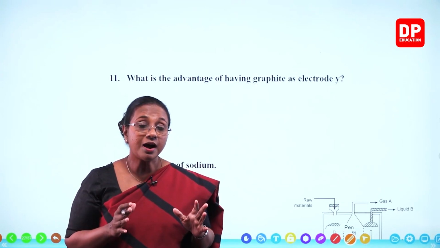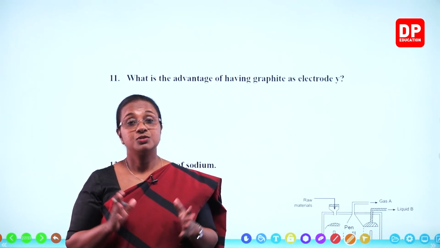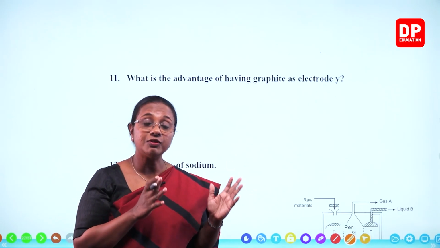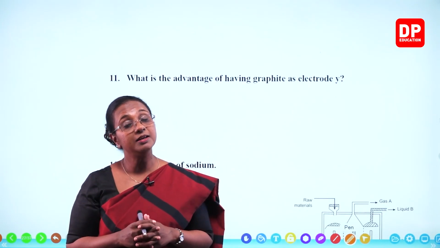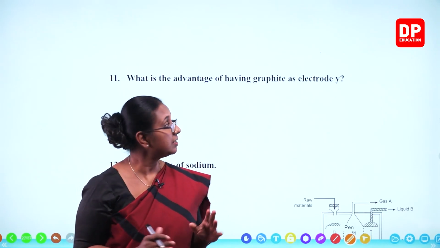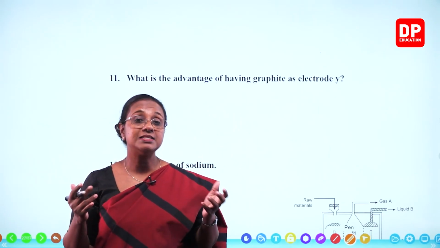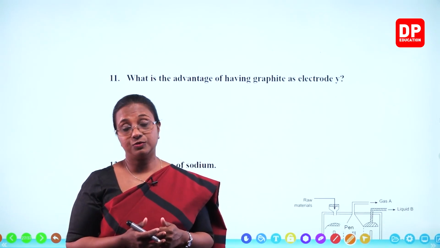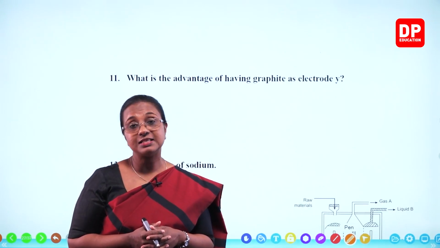So, carbon graphite is an inert electrode. That means the reactive chlorine gas will not react with carbon graphite. That is the purpose of using graphite as electrode. Why? Because it is an inert electrode. But at the same time, we use steel as the cathode.